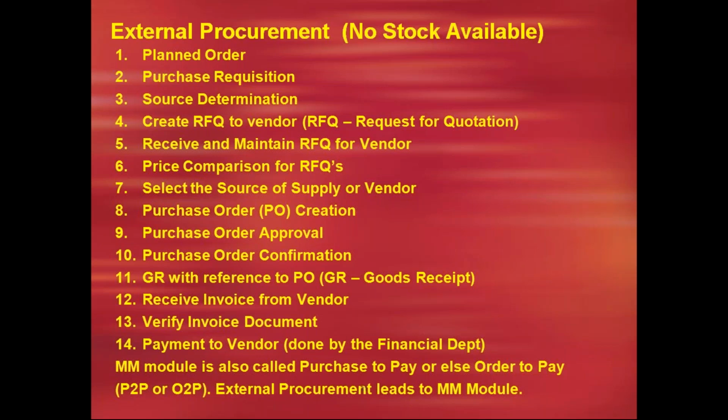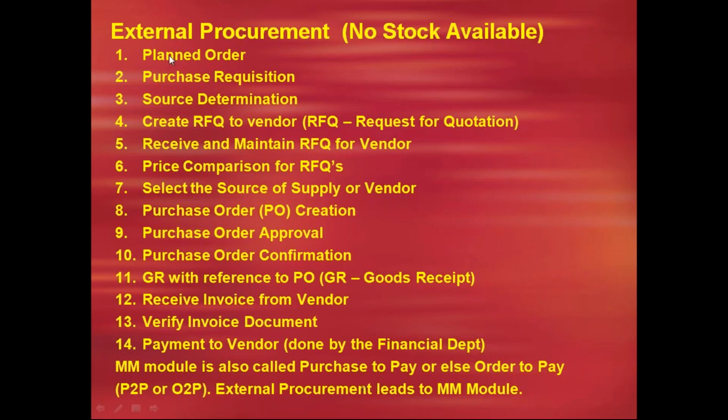Then purchase order confirmation takes place, and the vendor will send the stock of the material against the purchase order. Therefore, we create a GR with reference to the purchase order, goods receipt. Then once you check the quality of the material, the vendor will send the invoice. So receive the invoice from the vendor, verify the invoice document, and payment to the vendor is done by the finance department.